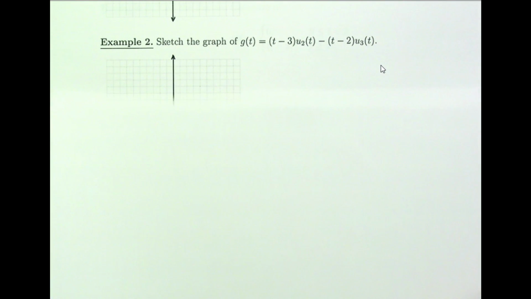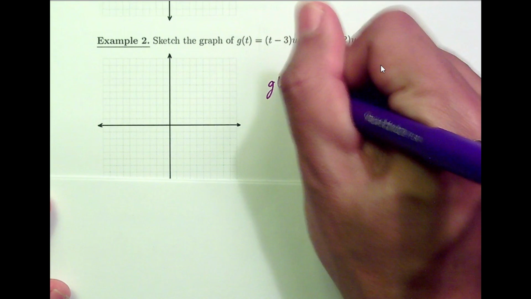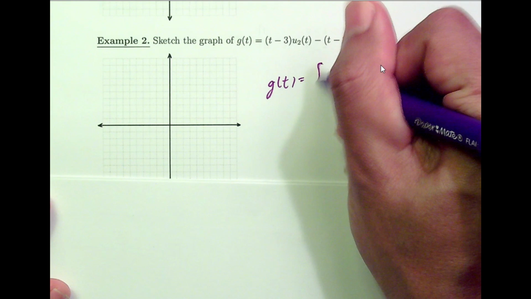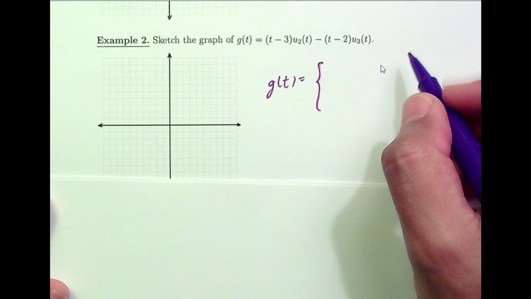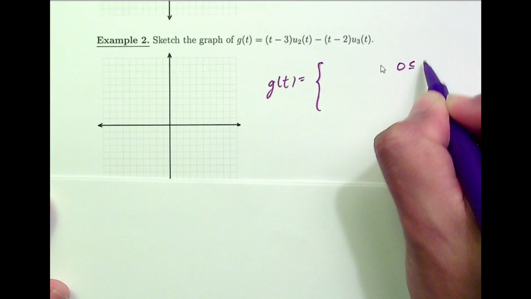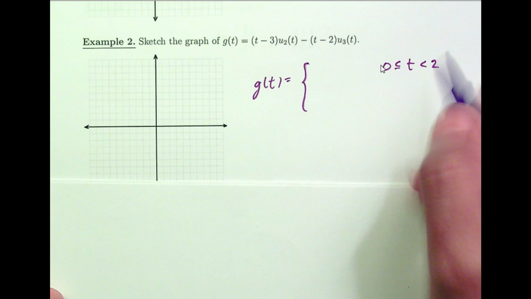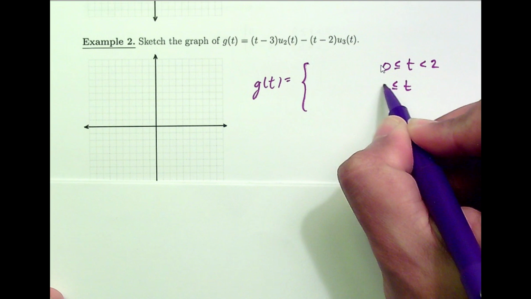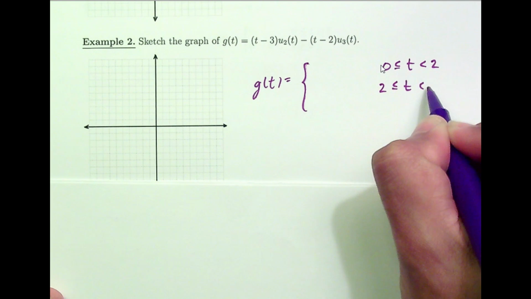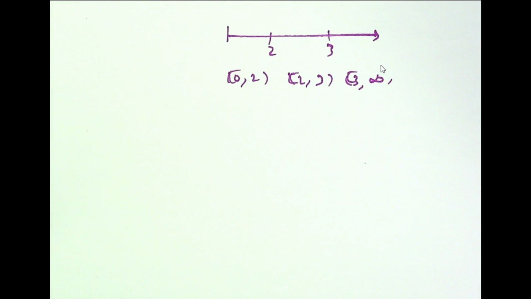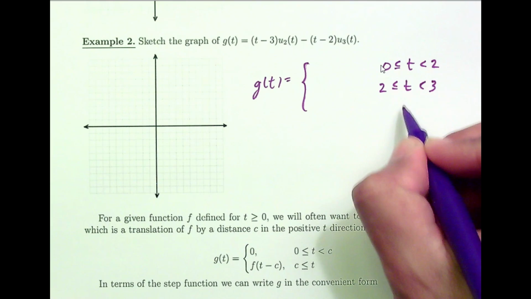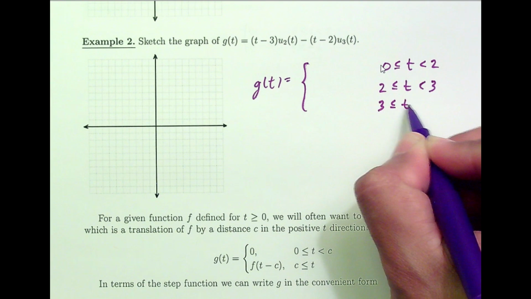So g of t is going to be broken up into 3 pieces, between 0 and 2, between 2 and 3, and 3 to infinity.